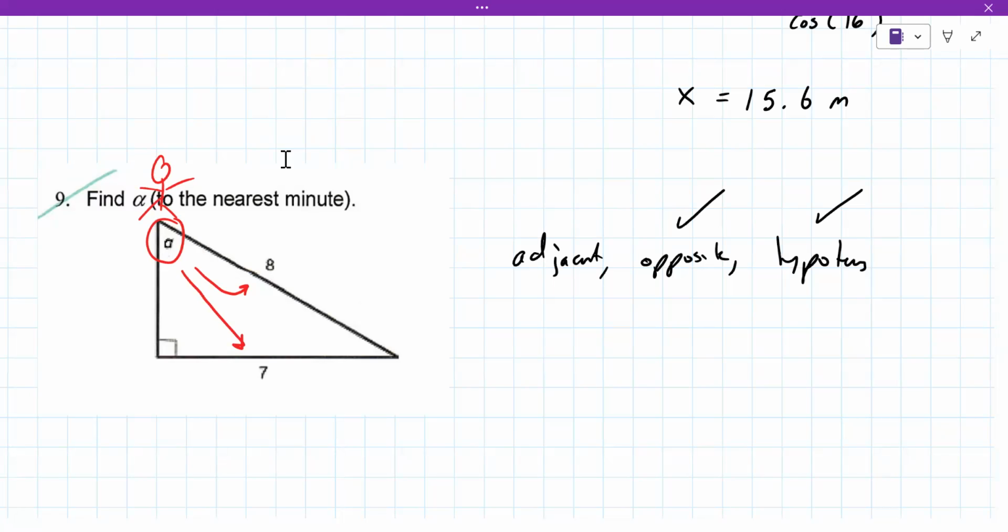Sine. So the sine of the unknown angle alpha, we don't know it, but we can still write the ratio. What is the opposite? What is the hypotenuse? 7 is opposite and 8 is the hypotenuse.